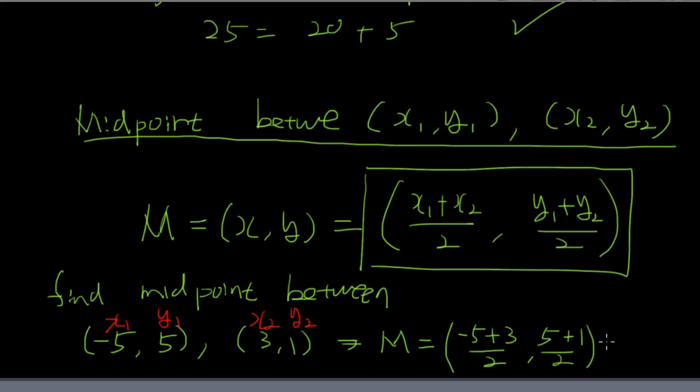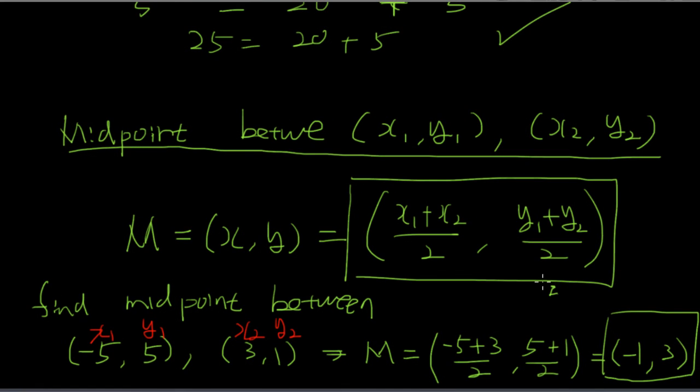Which is what? -5 plus 3 is -2, over 2, which is -1. What about this? This is 6 over 2, which is 3. And that's our answer right there. I mean, how hard can it be? Easy.